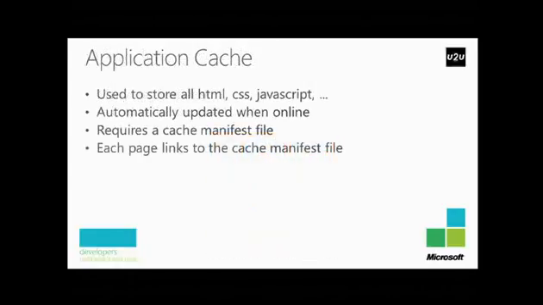To do that, they decided to add something called the application cache. The application cache is nothing but a browser cache that keeps track of all the files that make up your website. The thing is, you have to opt into this mechanism. You actually have to describe to the browser, these are the files you can keep and reuse and reuse.